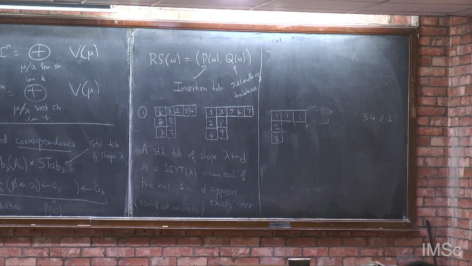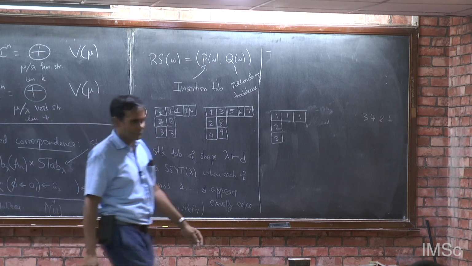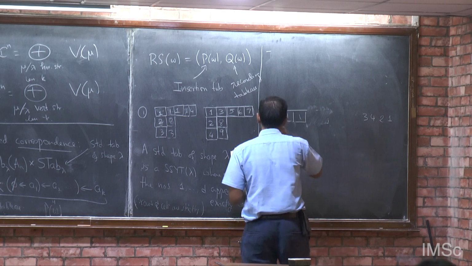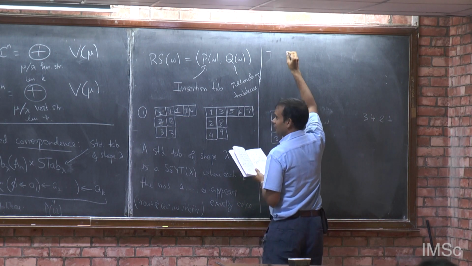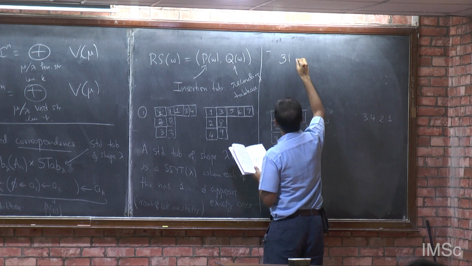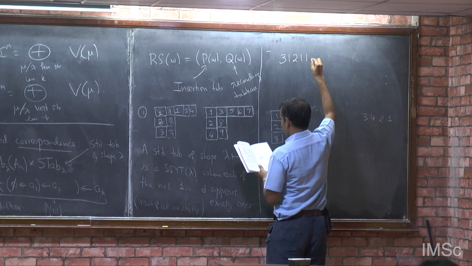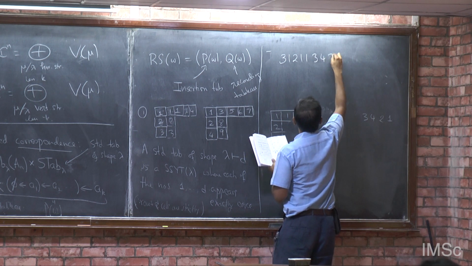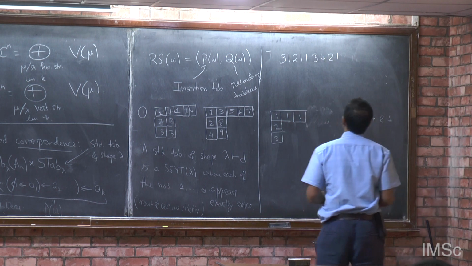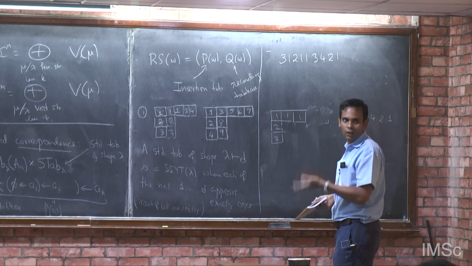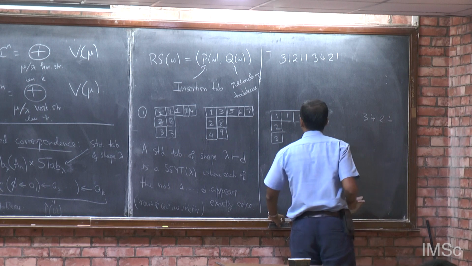So, just for fun, let me do it in this example. Well, some people's idea of fun. This column insertion is my weak point. I am good at row insertion, not so good at column insertion. But I think it's always good to think in terms of the pictures of the semi-standard tableau and work with columns from bottom to top.